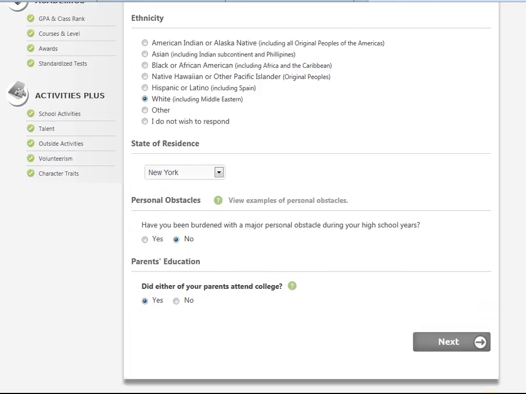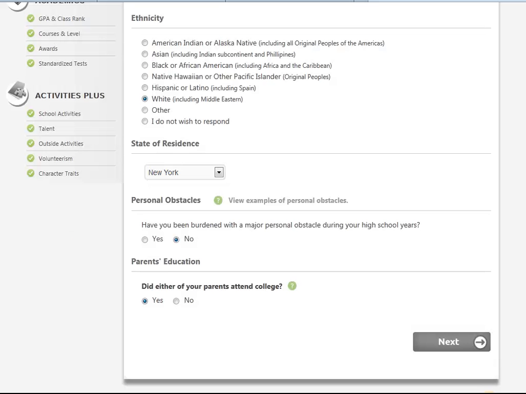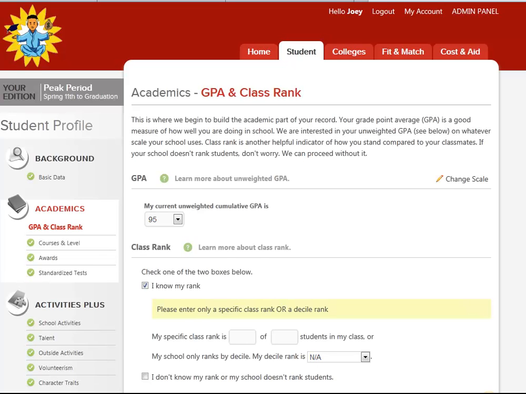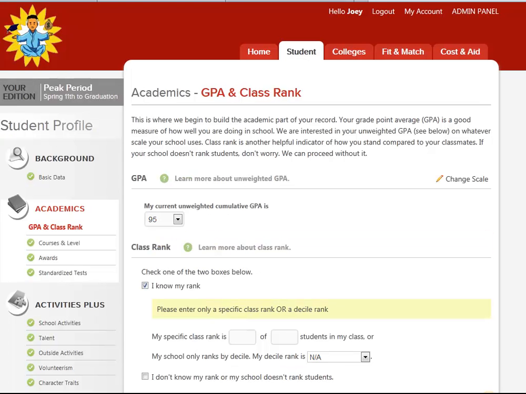Naviance really will tell you about your grades and your scores and where you stack up compared to other kids in your class who have applied to a particular college that you're interested in. It does not include things like personal obstacles, major medical conditions or economic problems. It does not factor in ethnicity. It does factor in GPA. It does not really factor in the types of classes that you took.